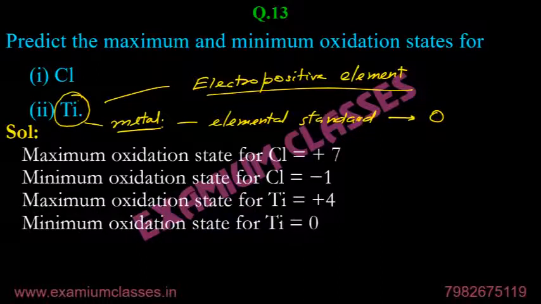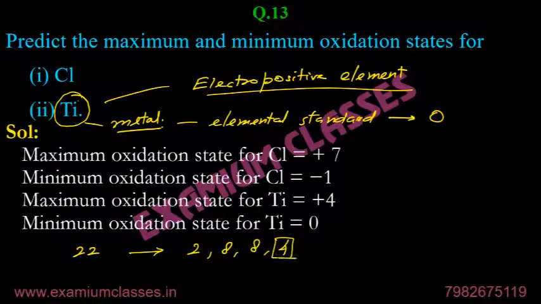If you are not sure about, for example, how many valence electrons are there, you can write the electronic configuration also. Or you can write it is 22 atomic number, you can write 2, 8, 8, 4. Means 4 valence electrons.